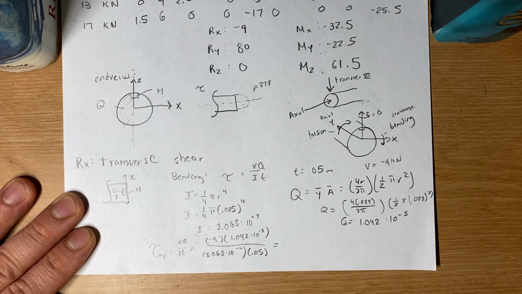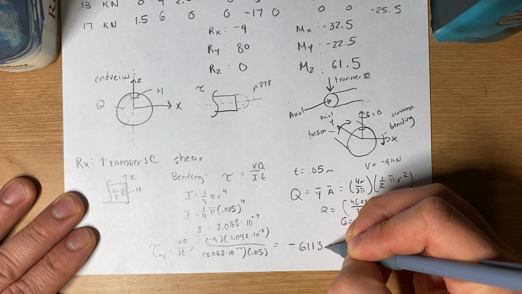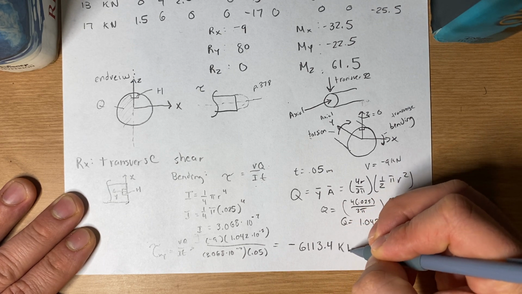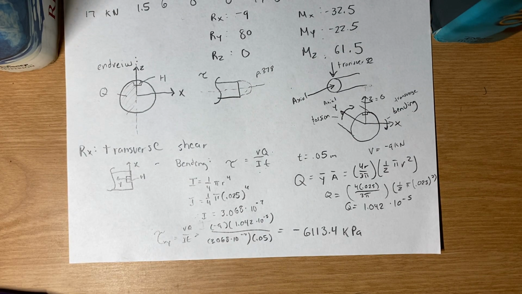If I plug that in the calculator, I get negative 6113.4 kilopascals. And now, new paper.